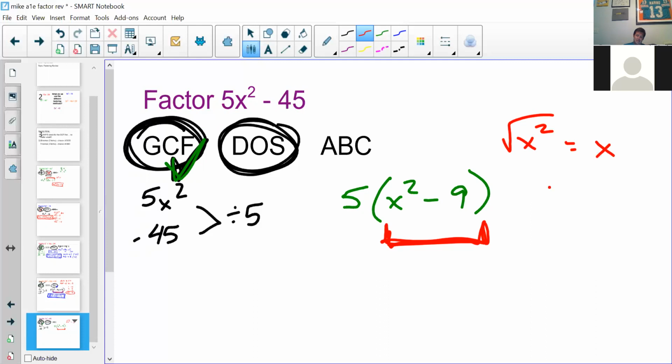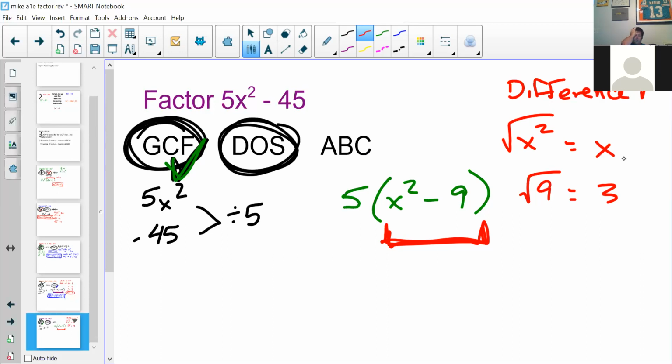Is 9 a perfect square? Yes, it is. We would get 3 if we square rooted it, and we did say from the get-go we did have a difference here. We had a minus sign. If it was a plus sign, then we really can't do anything with it. But since there's a minus sign, we can try for the difference of squares.